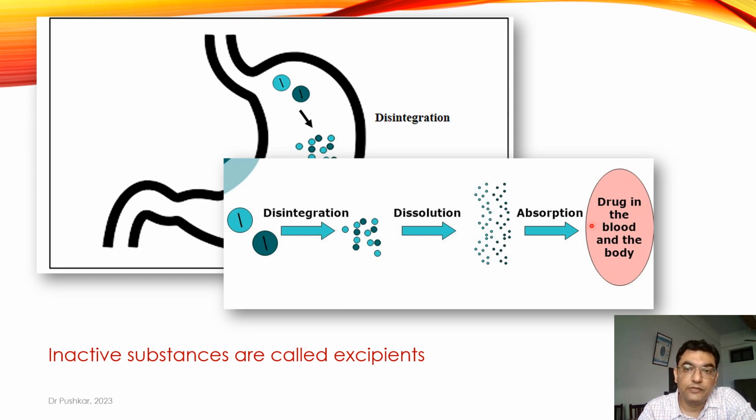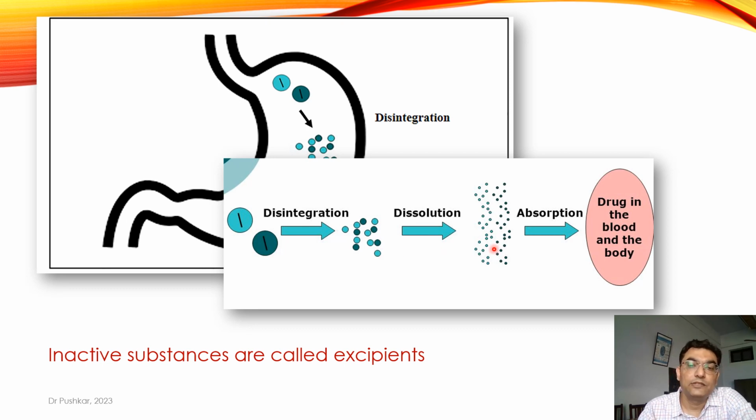What if we give a drug in syrup or suspension form? Of course, then it will be directly available in this form, so faster absorption is possible. But most probably we give it in tablet or capsule form, so it should first be disintegrated, then a solution is formed.